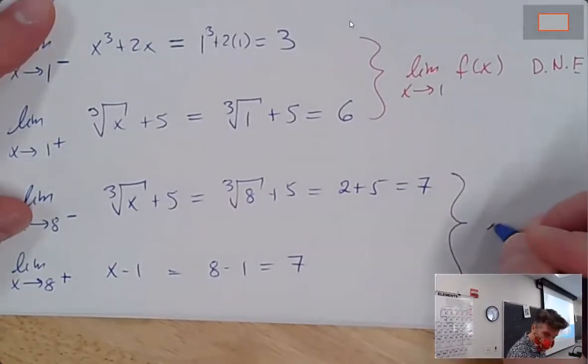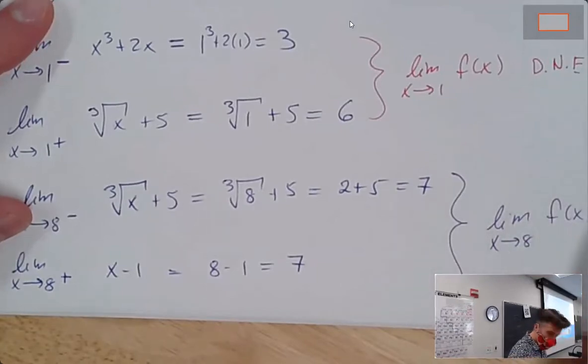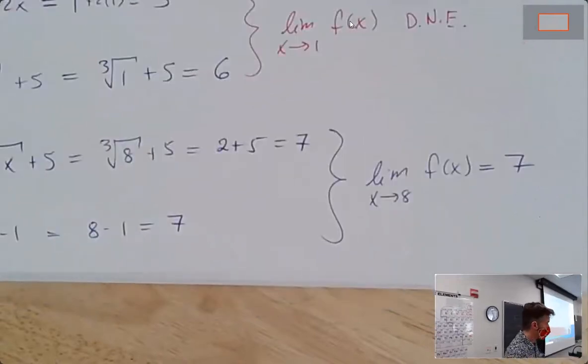So that means that the limit as x approaches 8 of the function is equal to 7. If the left and right limits are the same, the limit exists and it's equal to the same value. All this means is that if you approach 8 from either side, the function happens to be close to the same value.